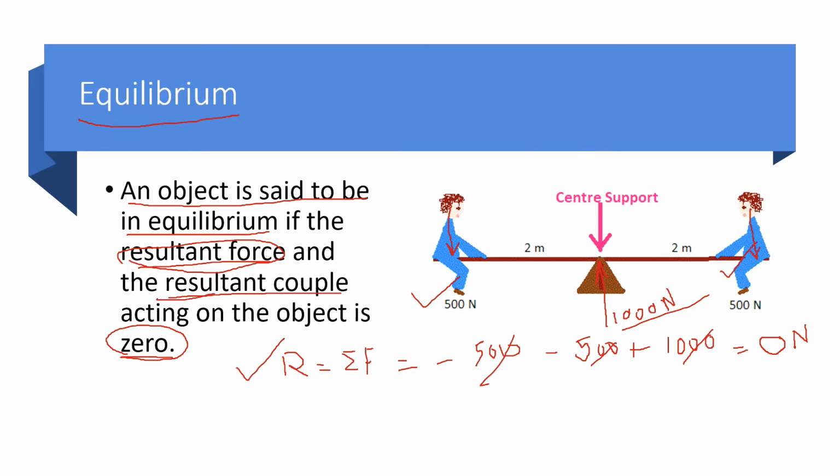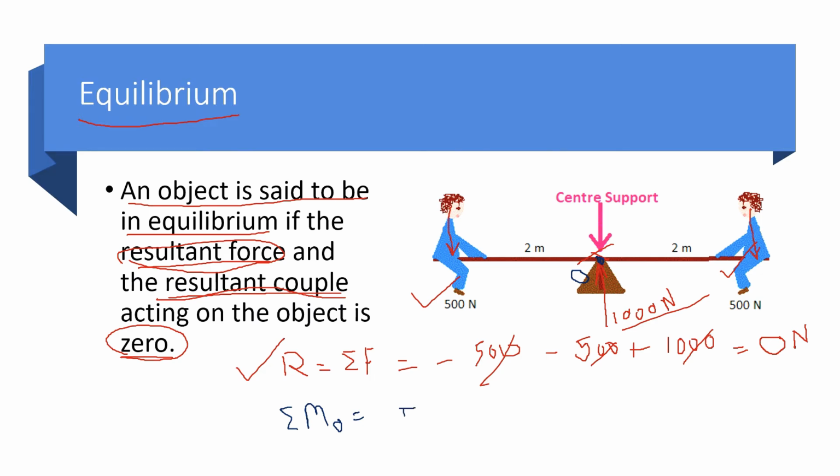Next, the resultant couple, that is the moment, must also be 0. Moment about any point. So let us say I am taking moment about this center point, and I will call this point O. So summation of moment about point O is equal to, let us start with the first force, this 500 Newton.